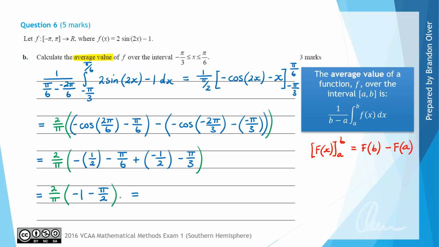Now expanding out that bracket will give 2 on pi times negative 1 is just negative 2 on pi, and then 2 on pi times negative pi on 2 is just negative 1. So that is the answer to part B of this question, which was asking for the average value of a function.